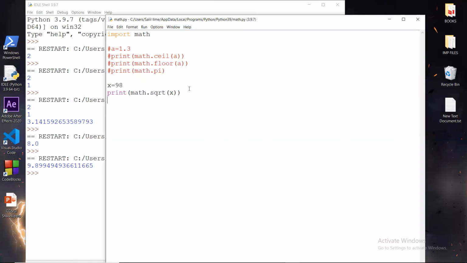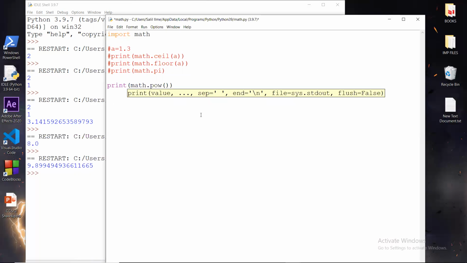Now, if I want a number to the power of something, we can use the pow math function. So we can say print math.pow, and we put two values in the pow function.